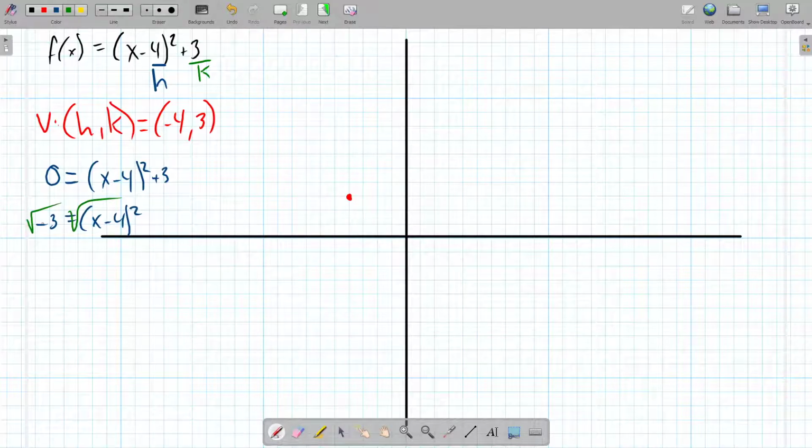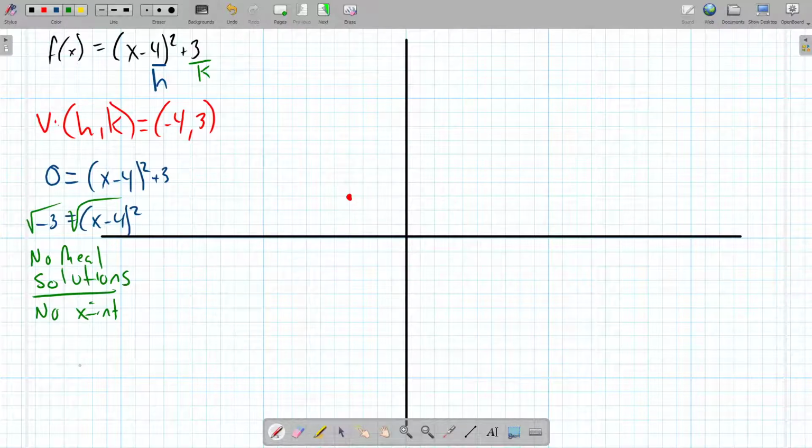And here we're going to be taking a square root of a negative. So when we did this in the completing the square video, we would say that there are no real solutions. And this just means that this parabola does not touch the x-axis. There are no x-intercepts.